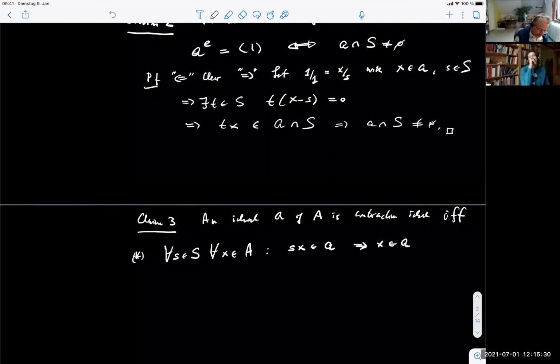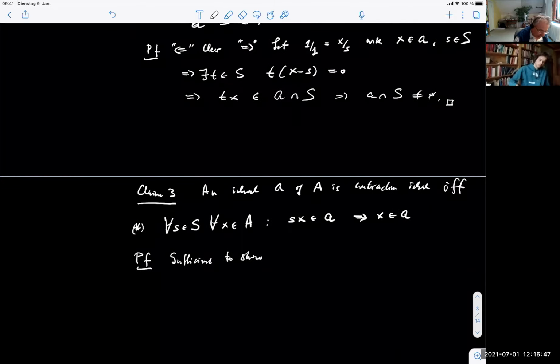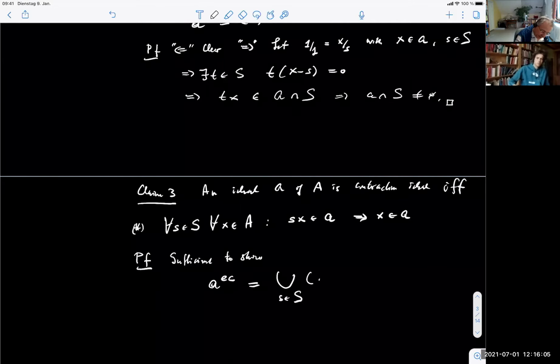So let me prove this. I claim I can rephrase this; it's sufficient to show the following. This star condition is actually equivalent to this: A extended, contracted can be written as the union over all S in S of the quotient ideal A divided by S. So there are two things to do.